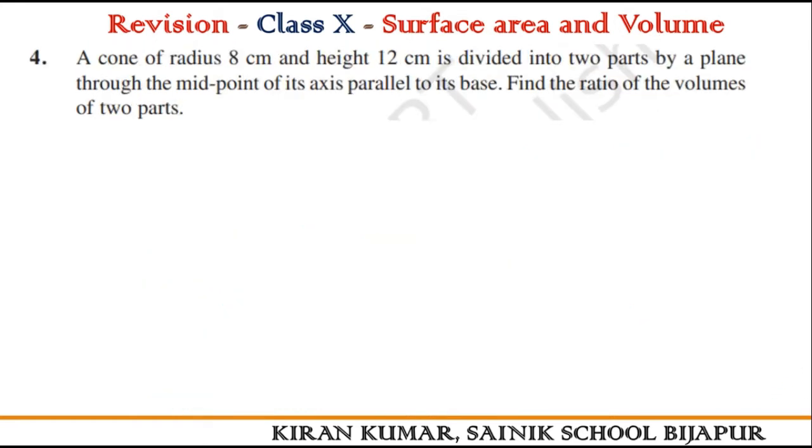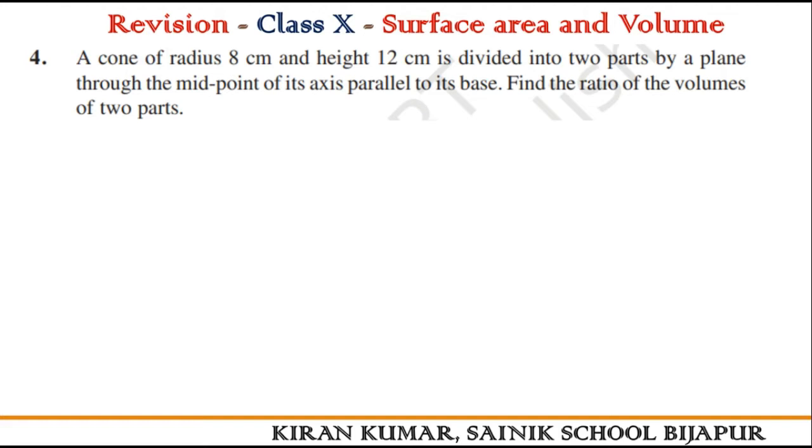Question 4. A cone of radius 8 centimeter and height 12 centimeter is divided into two parts by a plane through the midpoint of its axis parallel to its base. Find the ratio of the volume of both the parts.